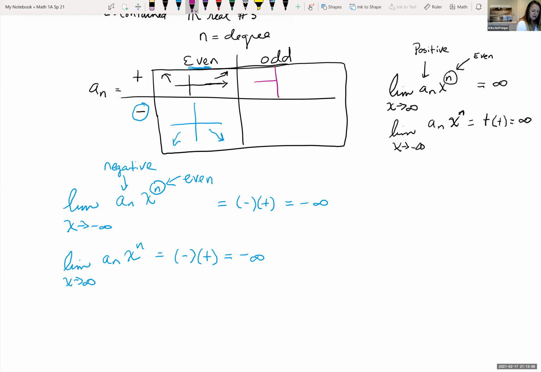So odd, if I'm looking at an odd power and a positive coefficient. So as x is going to negative infinity, a sub n x to the nth. This time we're going to say a sub n is positive. It's a positive number. And n in this case, we're going to say is odd.